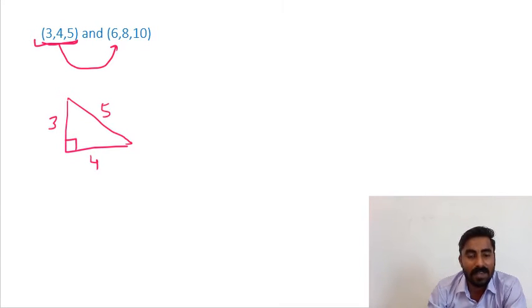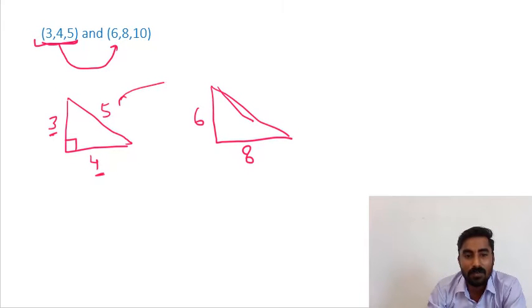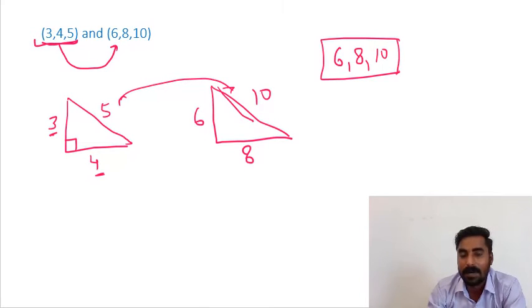If I double all the sides, twice 3 is 6, twice 4 is 8, and this side will be twice 5, which is 10. So 6, 8, 10 will also be a Pythagorean triplet. So we can multiply any Pythagorean triplet by any constant and it will also give a Pythagorean triplet.